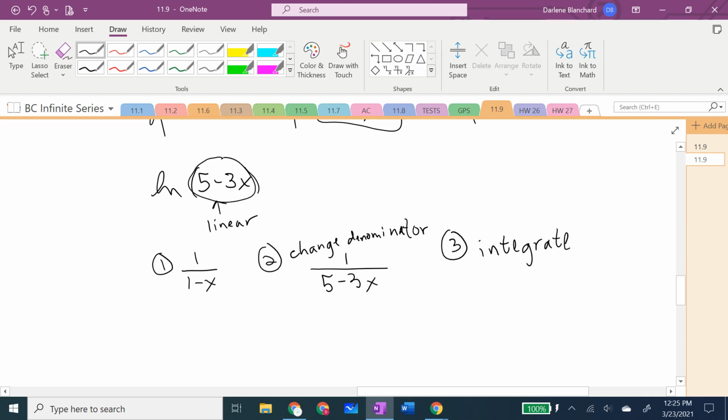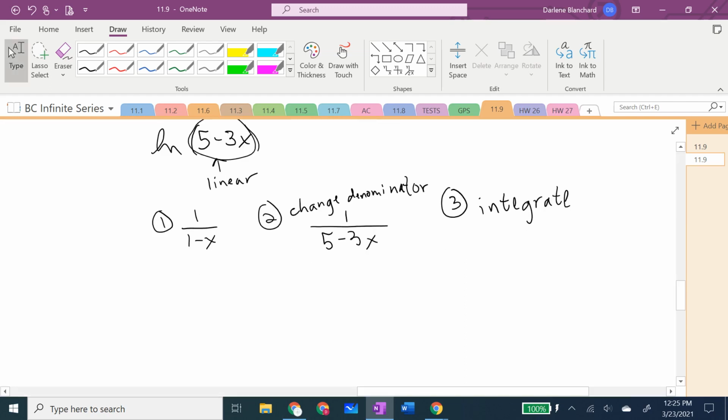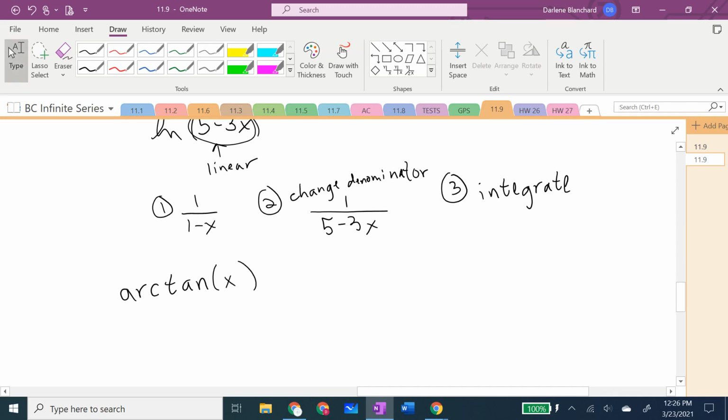If you see inverse tangent of some function in there, they're usually not too cruel about it. But the basic idea that you want to remember is start with 1 over 1 minus x.